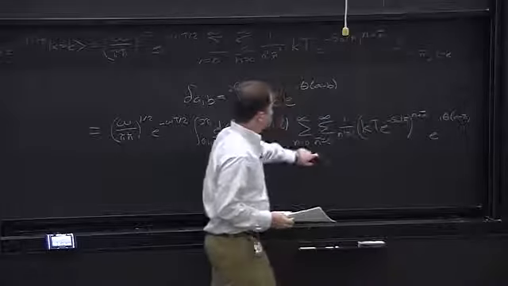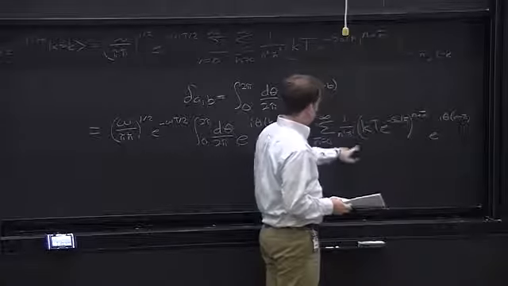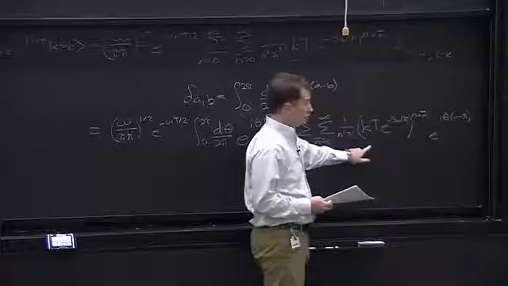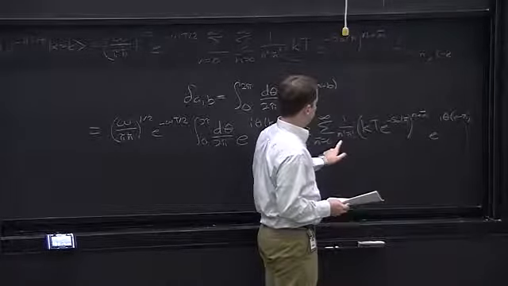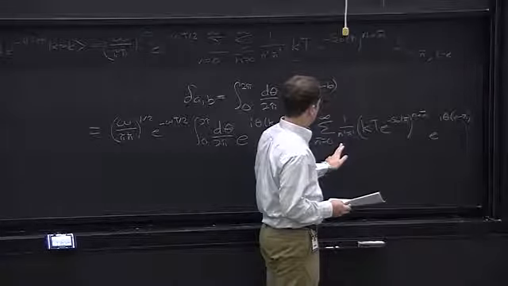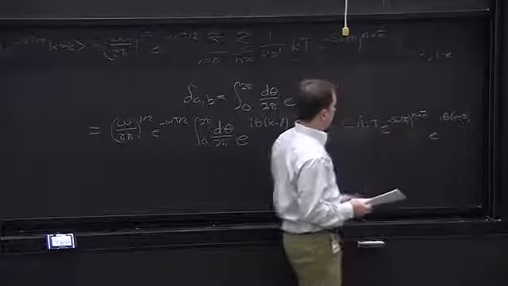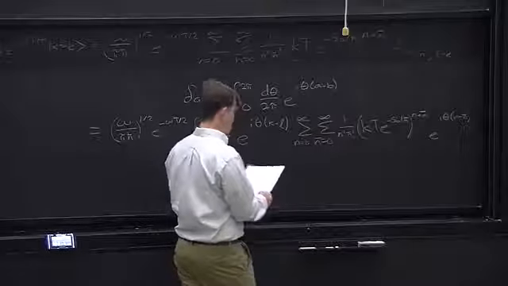And so now this factorizes. We can write all this as an expression that only depends on n times an expression that depends on n bar, and do the sums independently.